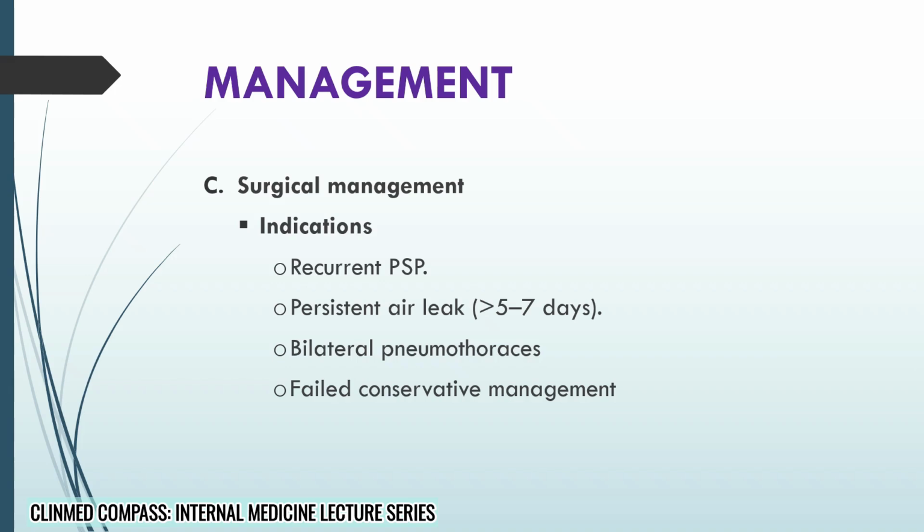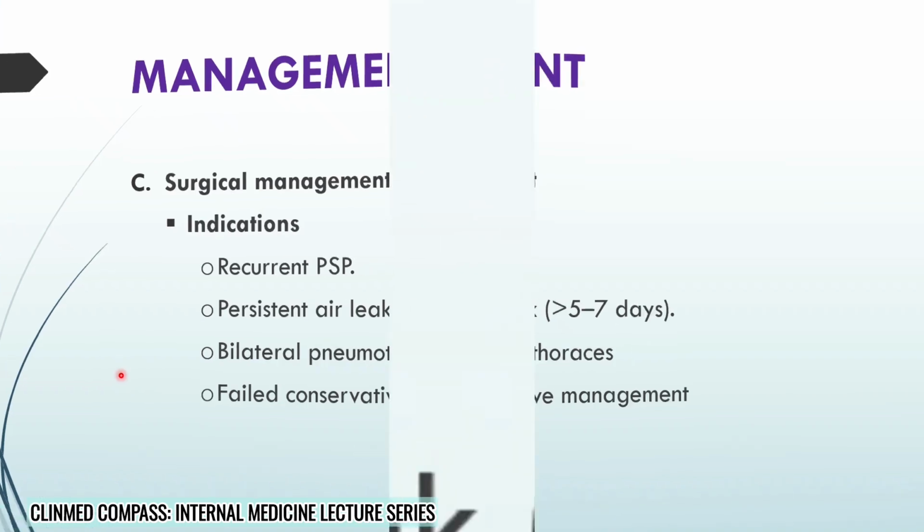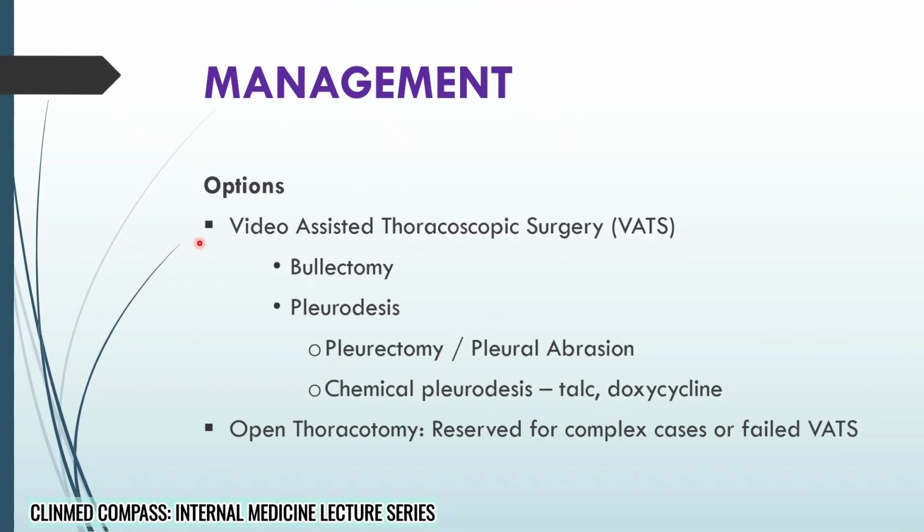Surgical management options. What are the indications of surgery? 1. Recurrent primary spontaneous pneumothorax. 2. Persistent air leak, bilateral pneumothoraces, and failed conservative management. Surgical options include video-assisted thoracoscopic surgery, which is minimally invasive. A bulectomy can be done, and pleurodesis can be done via video-assisted thoracoscopic surgery.